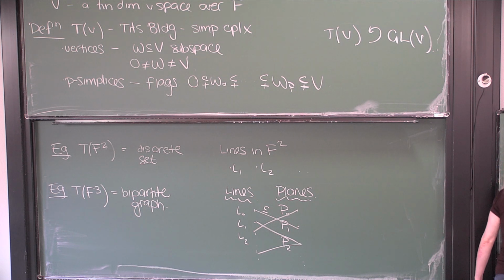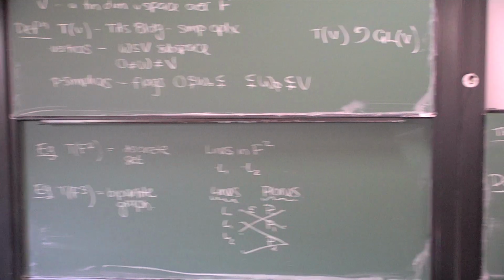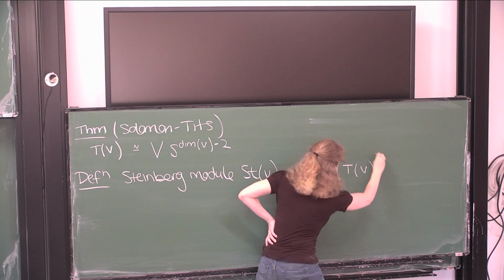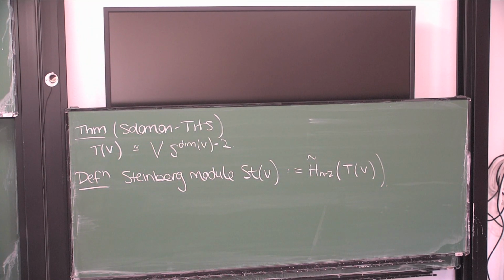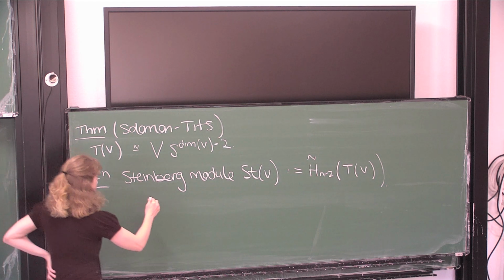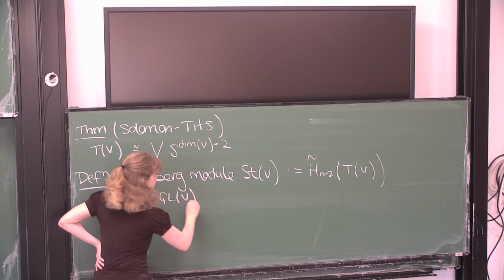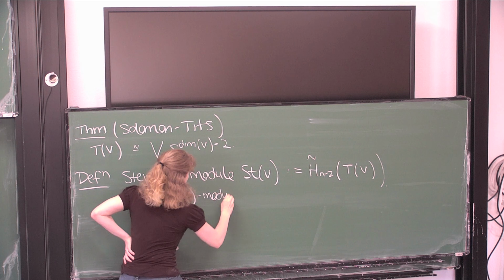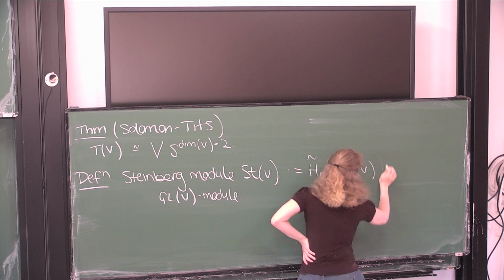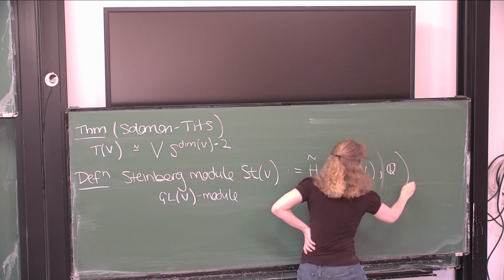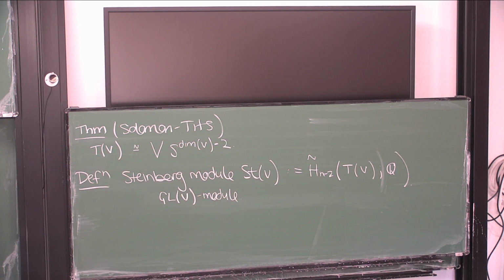By definition, it is the single non-vanishing reduced homology group of this wedge of spheres. Great. And we'll view it as a GL(V) module. Oh, and to make my life a little bit easier, I'm going to define it to be a rational vector space today.